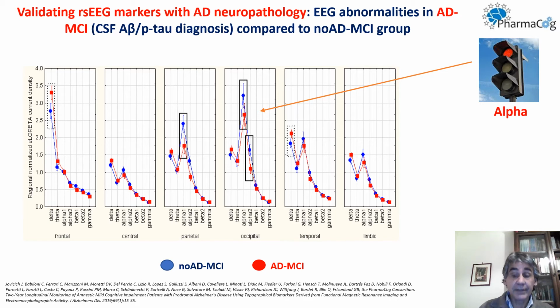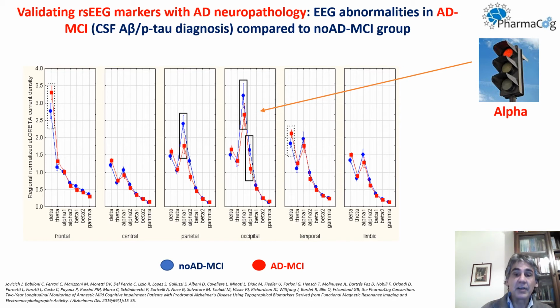The first study I present today is related to the validation of resting state eyes closed EEG biomarkers in alpha and delta rhythms in relation to Alzheimer's disease neuropathology as revealed by cerebrospinal fluid amyloid beta and phospho-tau biomarkers. We compare the EEG source activity in Alzheimer's disease patients with mild cognitive impairment as opposed to mild cognitive impairment patients not due to Alzheimer's disease.